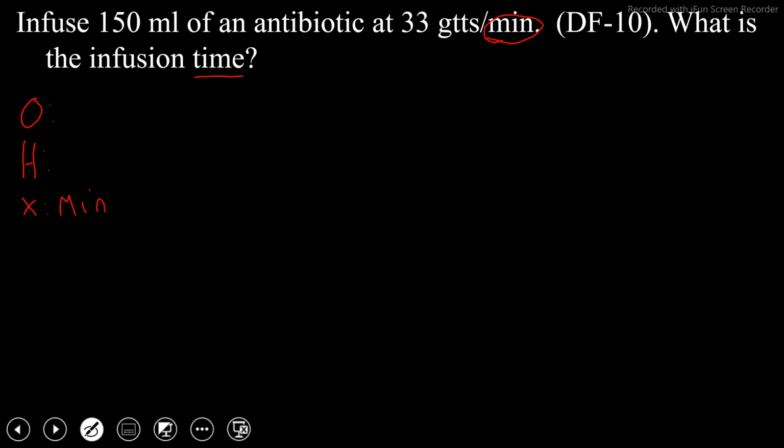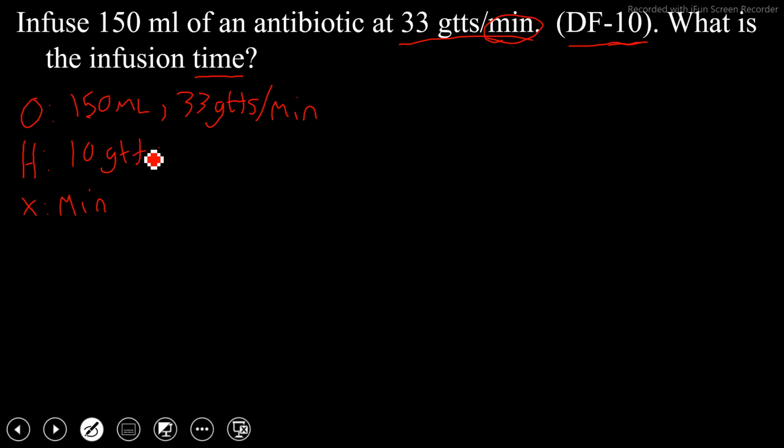The order is 150 mL, and part of that order is this 33 drops per minute, so I put it on the same line as this, comma, 33 drops per minute. And then what we have is always the drop factor, if there's a drop factor. So that's going to be 10 drops per mL.